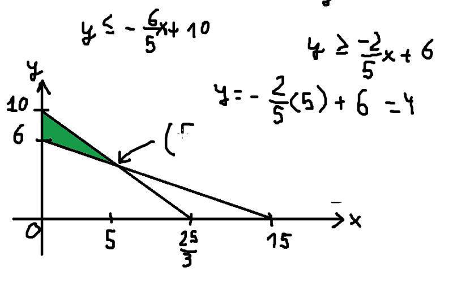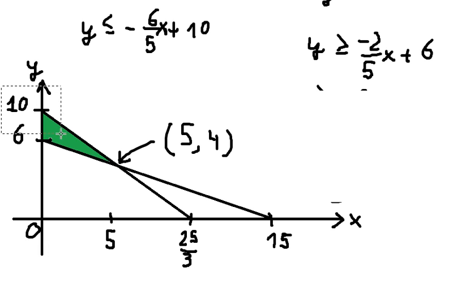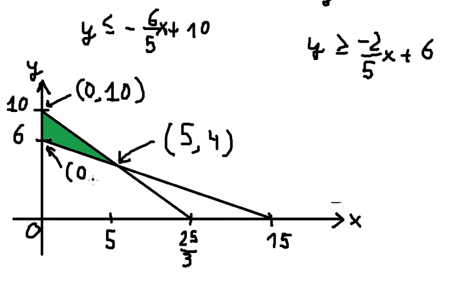So this one we have 5 and number 4 in here. Next, we need to consider this one and this one. So this one we have 0, number 10. And this one we have 0, number 6.